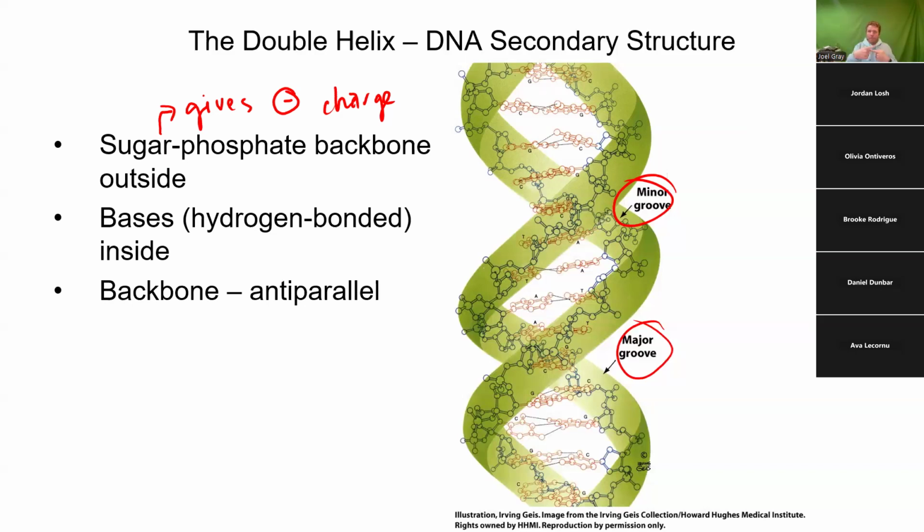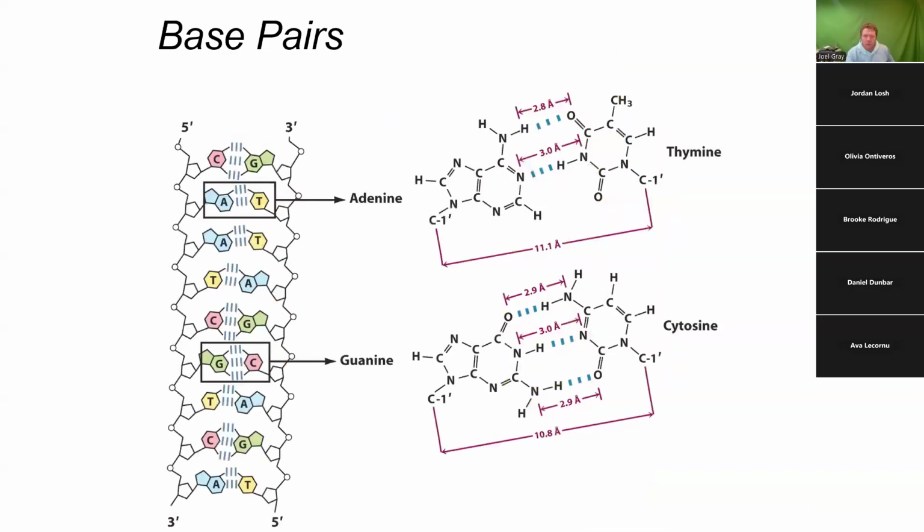So they run opposite of one another. Your major and minor grooves are the regions in which proteins can interact with this overall structure. Now, if we flatten out the double helix, it looks a little bit like this on the left-hand side here.